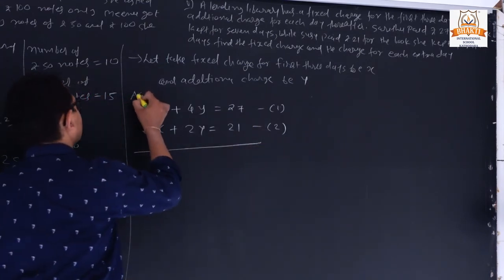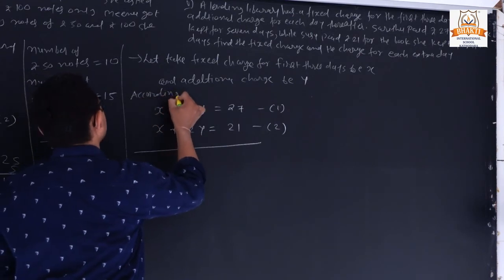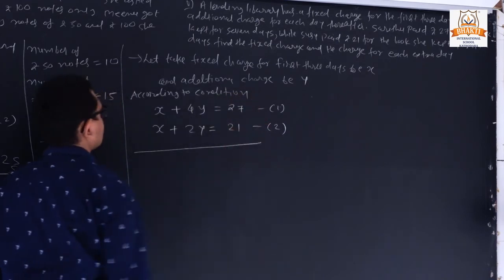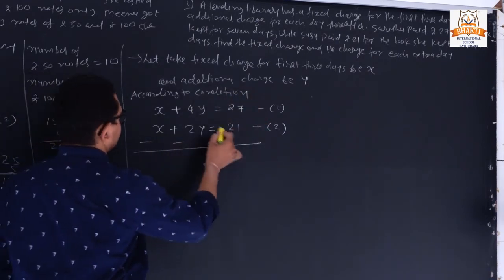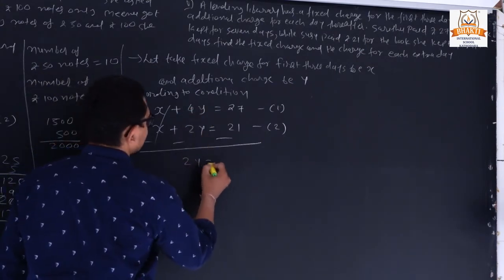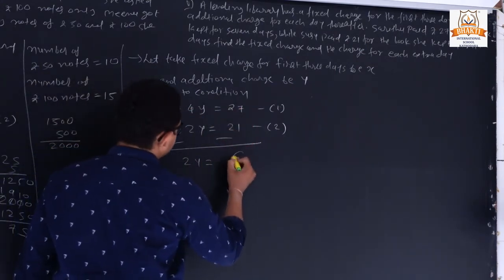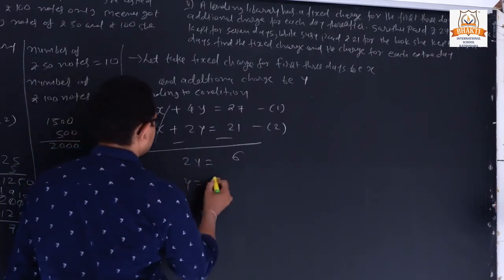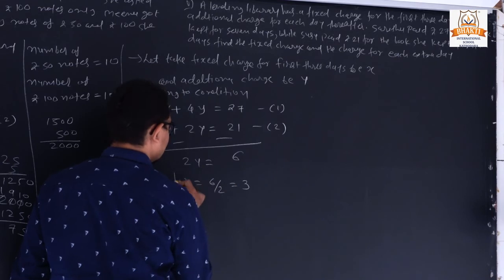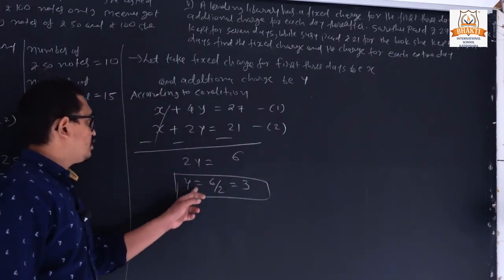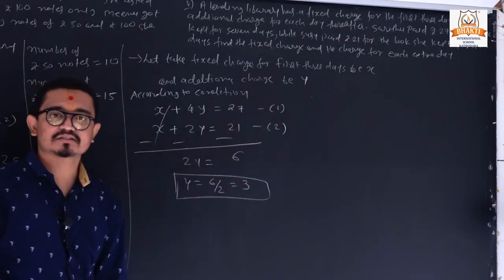Here we can also write like that, according to the condition. Minus, minus, so these both are cut. So 4 minus 2, so 2y. 27 minus 21 is 6, so y is equal to 6 by 2, so the answer is 3. It means the additional charge for each day is 3 rupees.